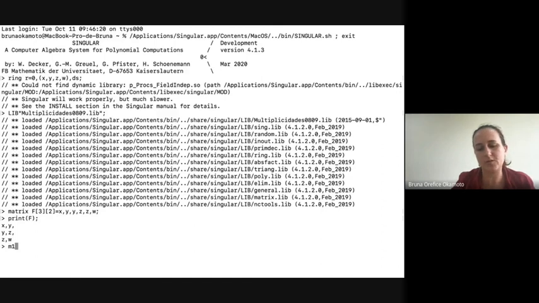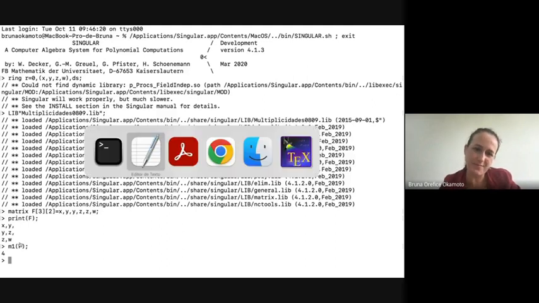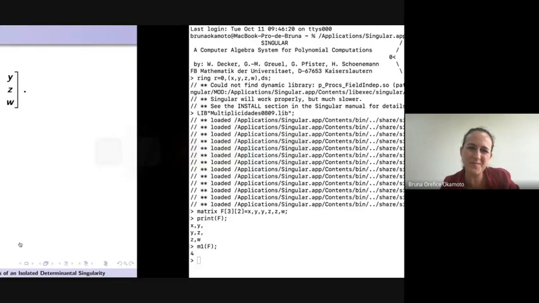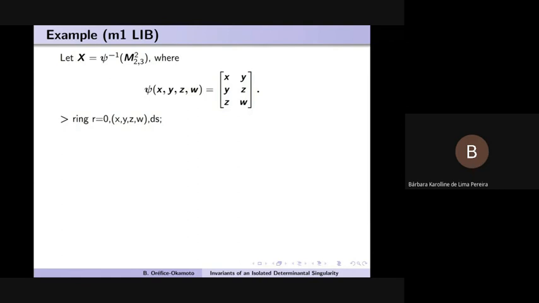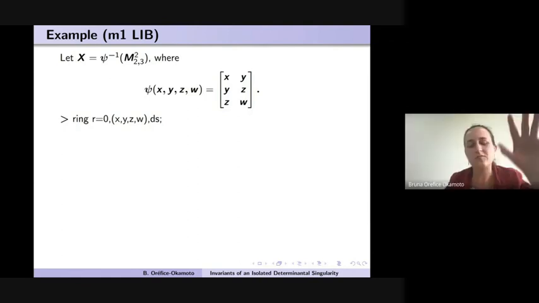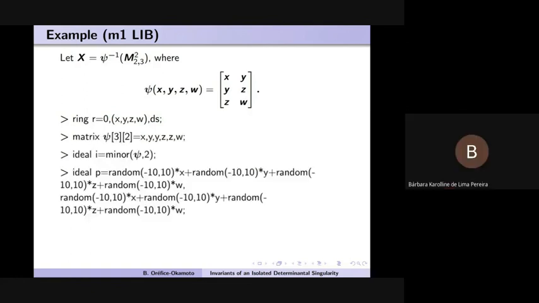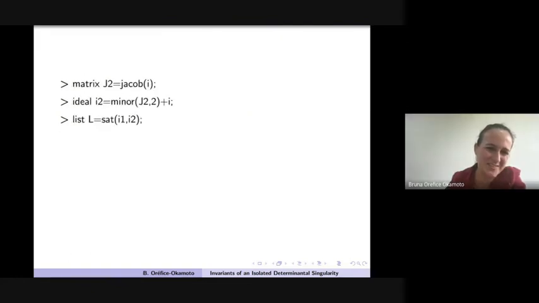Then I will ask it to do the M1 of F. It does, and it's equal to 4. Okay? Barbara, okay? Yes, yes, okay. I will skip a lot of things because I was afraid that Singular wouldn't work. This I did all there.